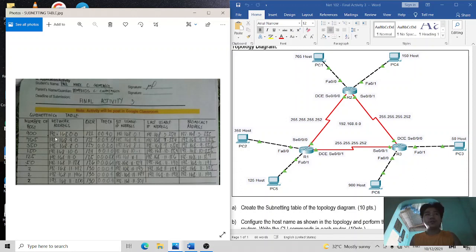The PC1 is 765 hosts. The PC2 is 350 hosts. The PC4 is 150 hosts. The PC3 is 50 hosts. And the PC5 is 125 hosts.